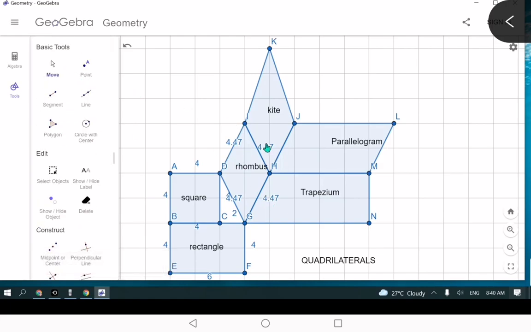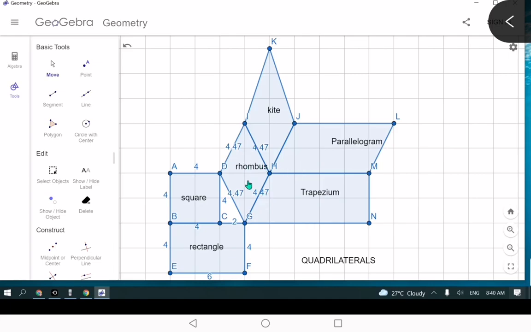Be careful, 4.47 here. This one is also 4.47. This one is exactly 4. This one is exactly 2. This one is also exactly 4. So that means here 4 plus 2 is 6. So you need to understand that.